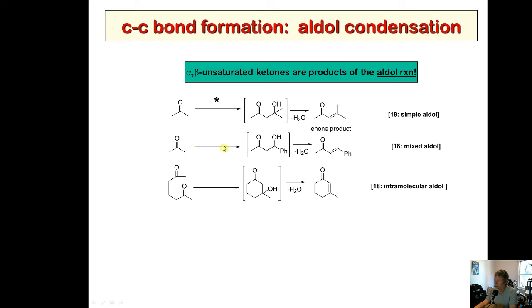And what if you're reacting a ketone with another ketone or maybe another aldehyde or something like that? What would that be called? The first is a simple aldol. This is called a mixed aldol, the second one. And in this case, you got to figure out what the other piece is. You can use basic arithmetic, so it's going to be 3 plus X. There's 3, 4, and benzene is 6 carbons.